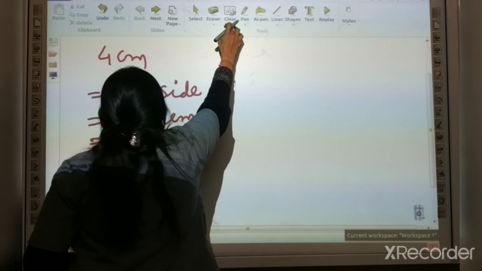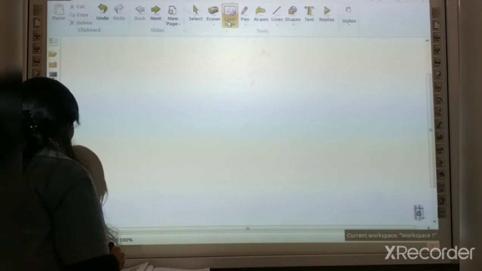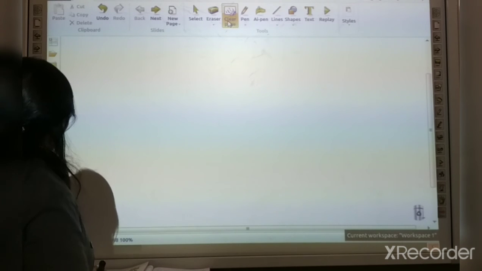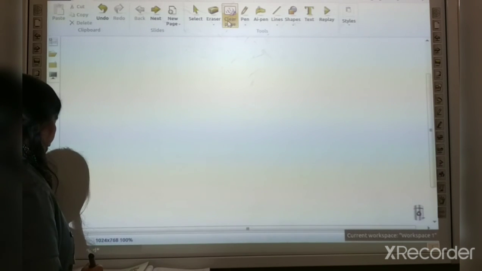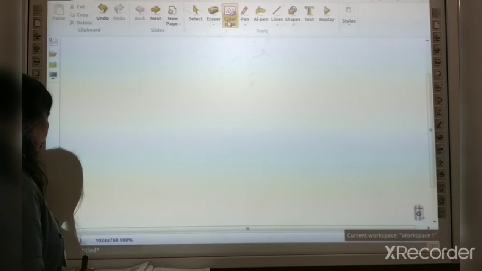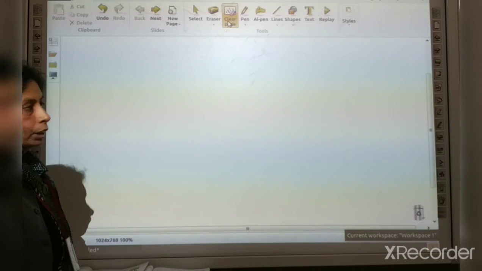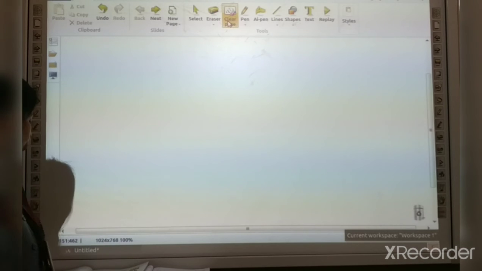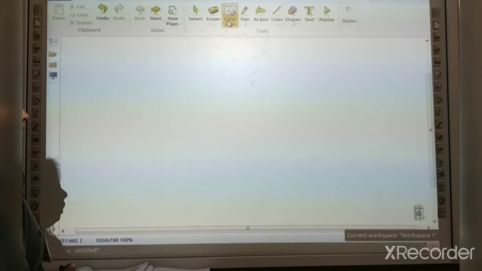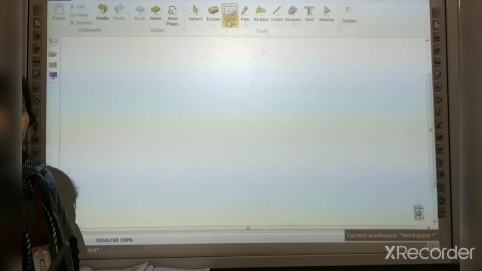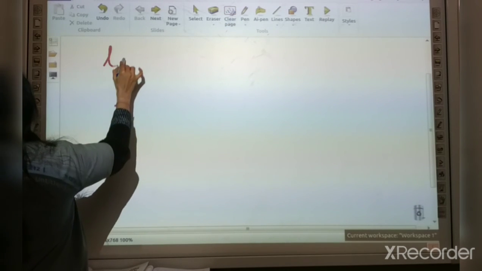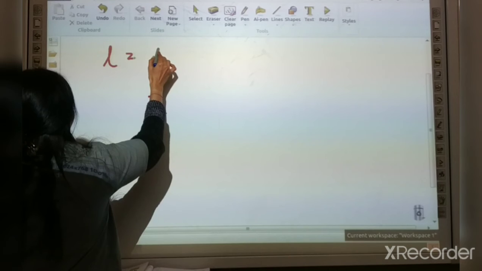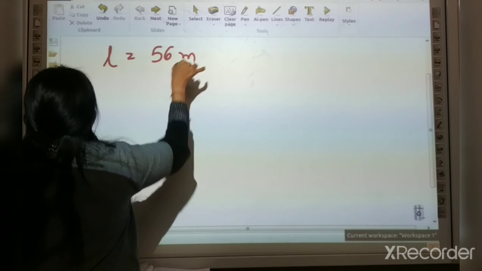Now in exercise 6.3, story sums, right? In fifth sum, a square garden is 56 meter long. How much wire is needed for fencing around it 2 times? Here it is given that it is a square garden, right? It means you have to use perimeter of square. So you know very well here the length is equal to 56 meter, right?